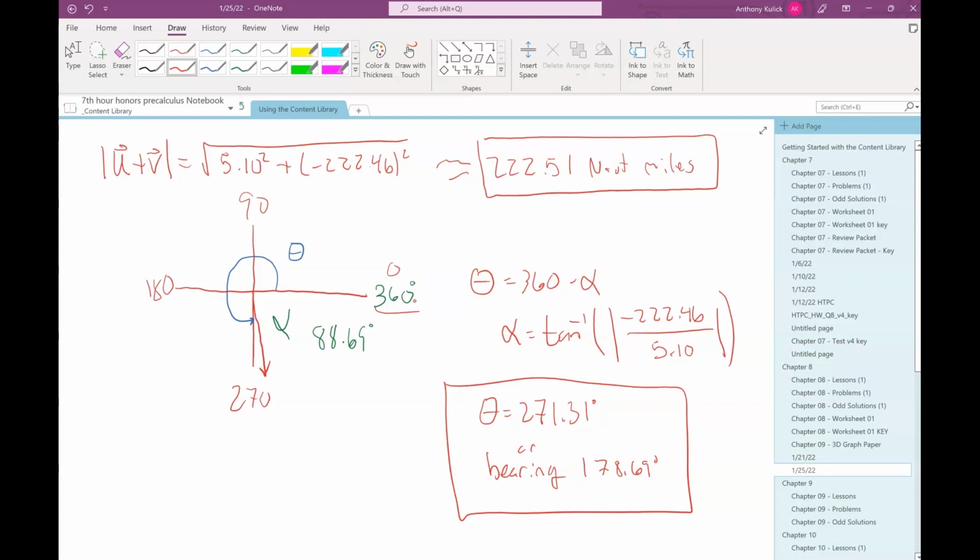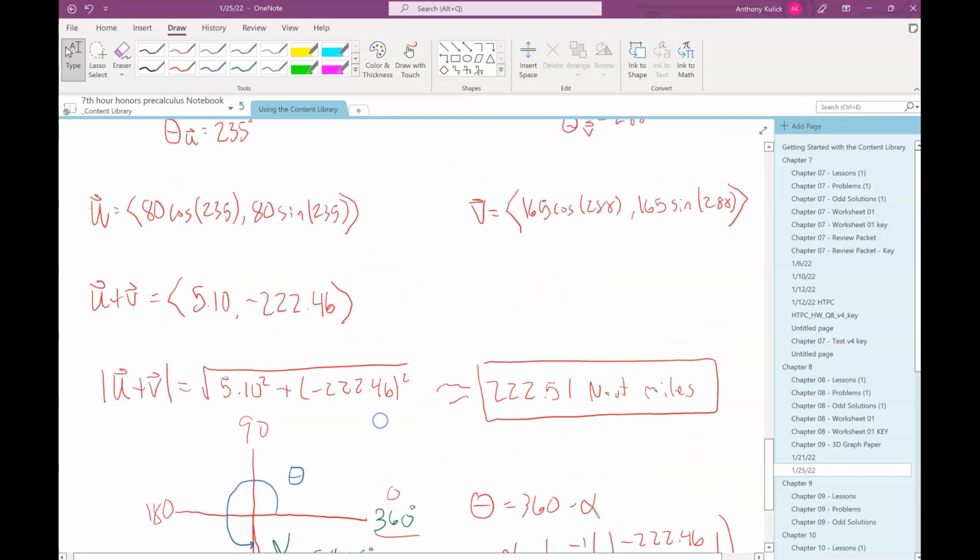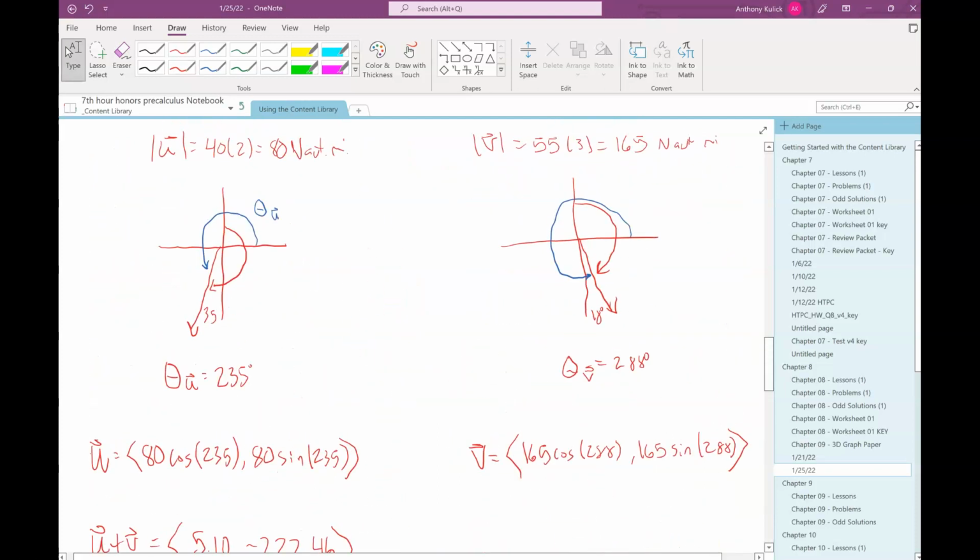I drew the bearings in red, and then I drew the standard position angle in blue. And when you drew those bearings, you were doing the 0 at top and 90, 180. Correct. So it starts at due north and goes clockwise, as opposed to starting on the east and going counterclockwise.